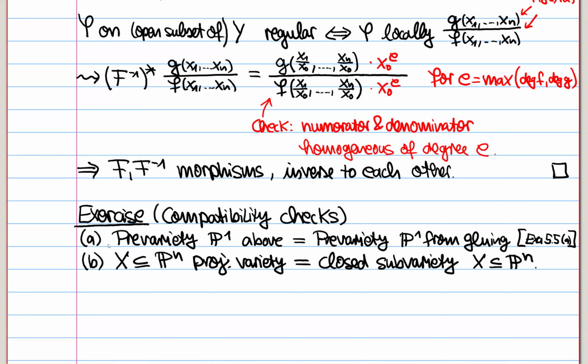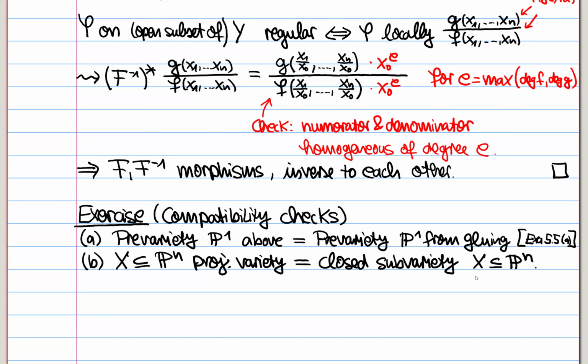So that's one small compatibility check. And then the other thing is, let's say we have X inside Pn, a projective variety, then we have just defined a notion of pre-variety on X. On the other hand, we also get a pre-variety structure on Pn, and X is a closed subset of this pre-variety. And so we get the structure of a closed sub pre-variety on X. If you have a pre-variety and a closed subset, we get another structure of a pre-variety here.